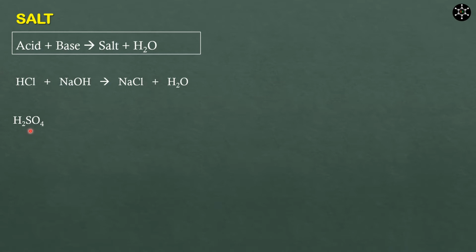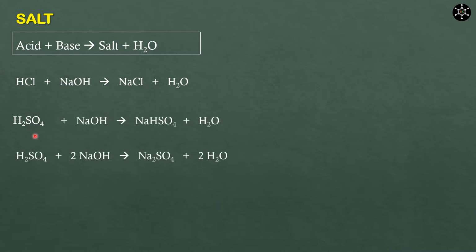Now we can have two types of reactions with sulfuric acid, that is, sulfuric acid and sodium hydroxide treated in 1:1 ratio, and sulfuric acid and sodium hydroxide treated in 1:2 ratio. In the first case, of the two acidic hydrogens, only one will react and we will have sodium bisulfate as the product.